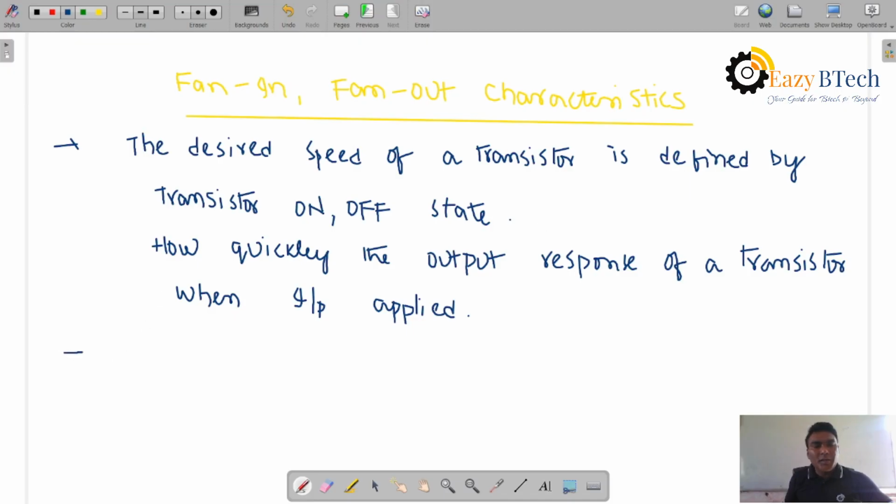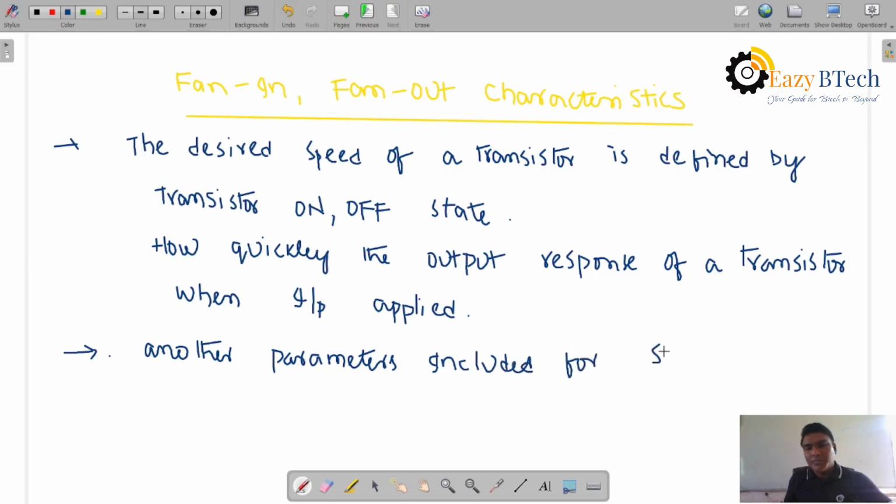Another parameter is also included for the speed of a transistor. So there are other parameters included for the speed of a transistor, another parameter for increasing the speed of a transistor.